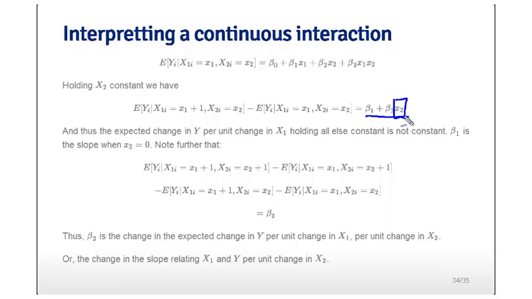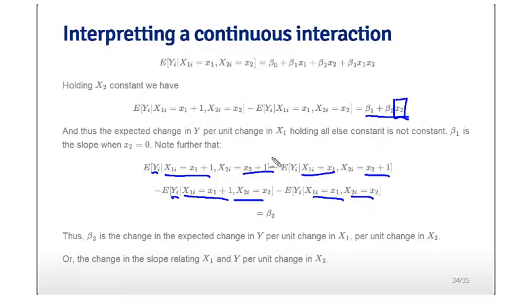But notice we can get an interpretation for beta 3. We can take the change in the expected value of y given a 1 unit increase in x1, where x2 is held at x2 plus 1, versus the expected change in y for a 1 unit change in x1 given that x2 is held at x2. Subtract those two.